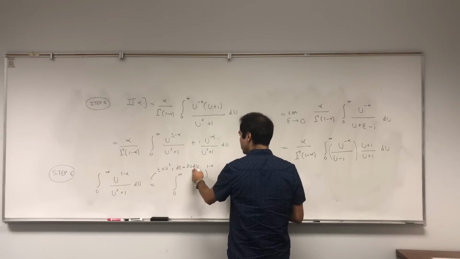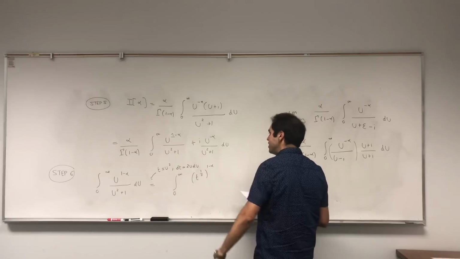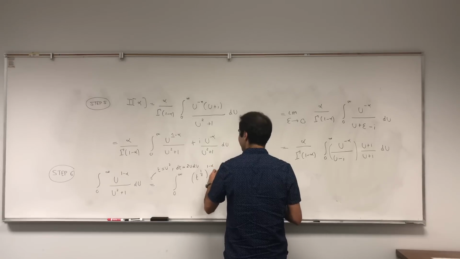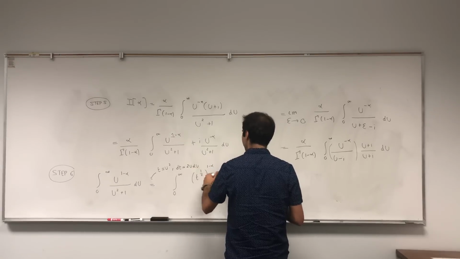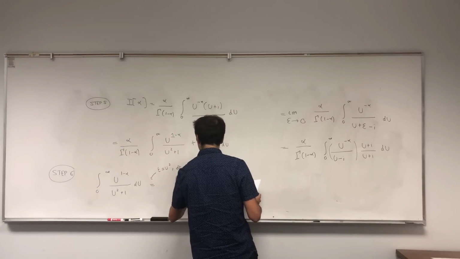and then dt is 2u du, so we get 2 square root of... du is 1 over 2u dt, which is 1 over 2 t to the 1/2 dt, and then 1 plus t.